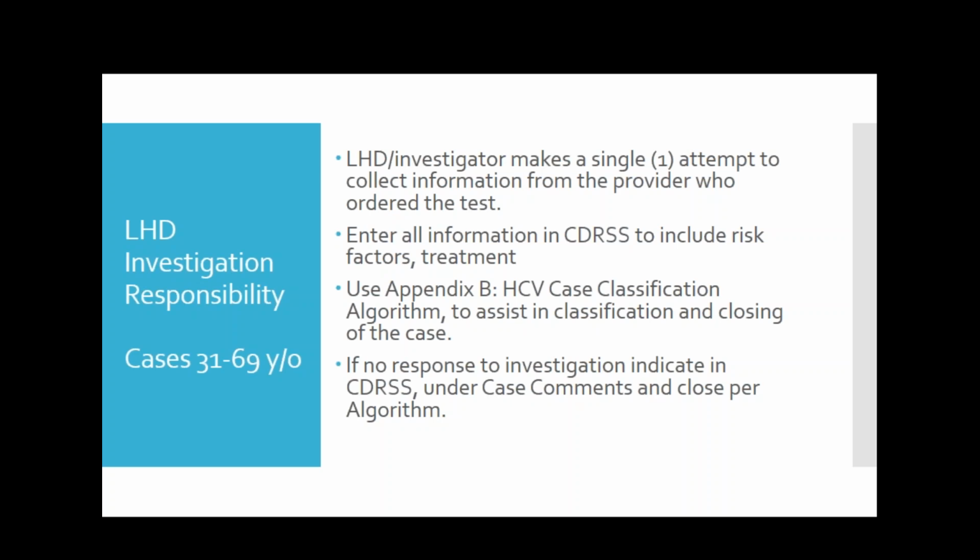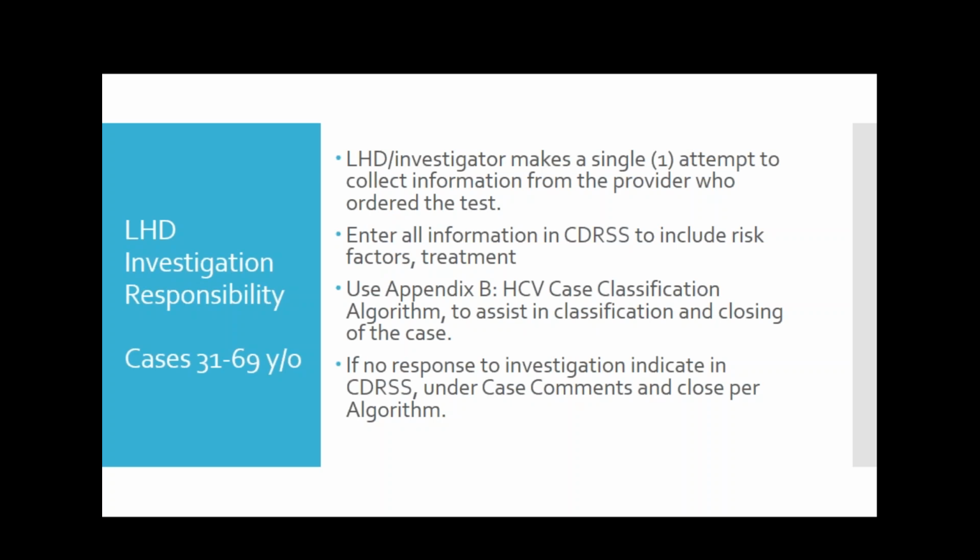One of the main reasons we ask to have investigation of this population is because we really want to identify acute cases. As mentioned before, at NJDOH we are trying to improve our surveillance efforts, so it's important to try to identify as many acute cases as possible.